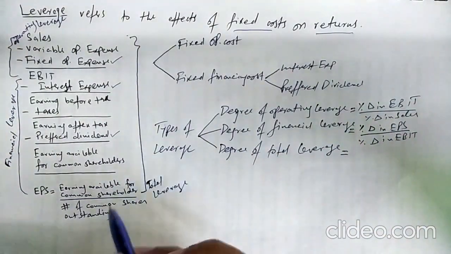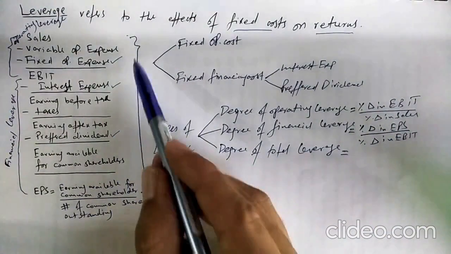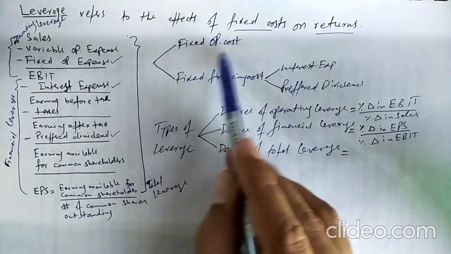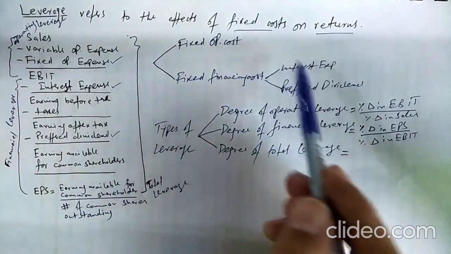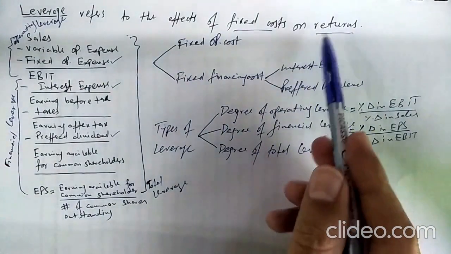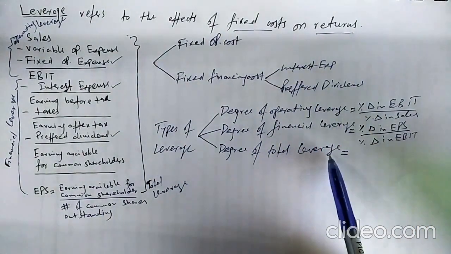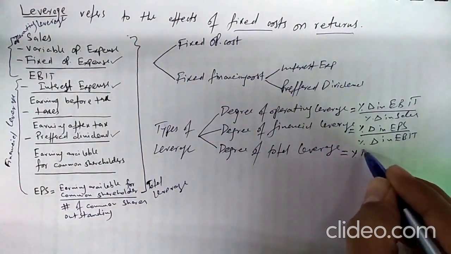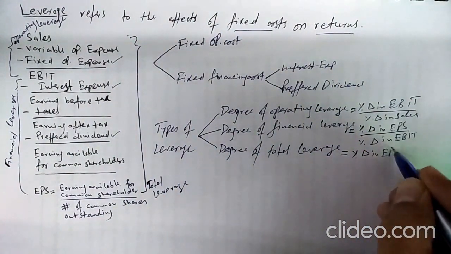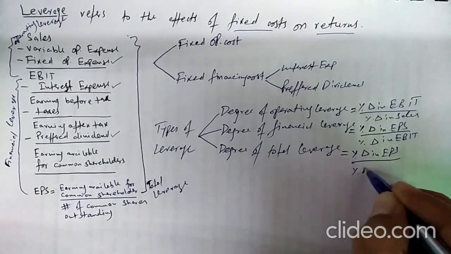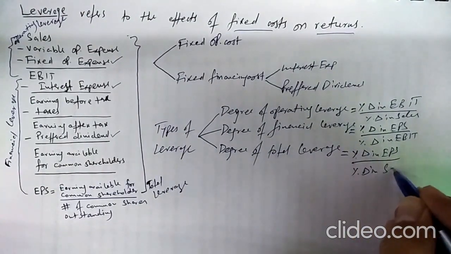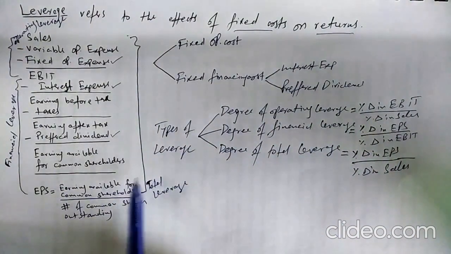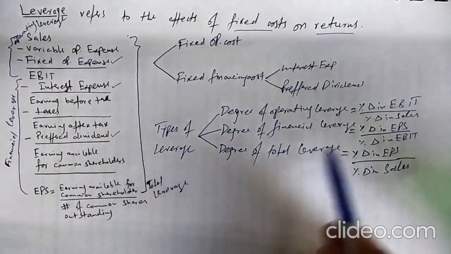And last is degree of total leverage. If we assess the impact of these three fixed costs, which are fixed operating cost, interest expense, and preferred dividend, on returns, we calculate the degree of total leverage, and its formula is percentage change in EPS over percentage change in sales. That's how we can calculate these three leverages.